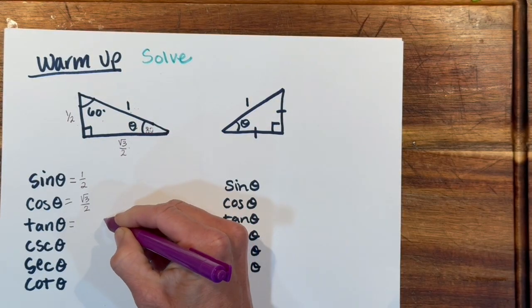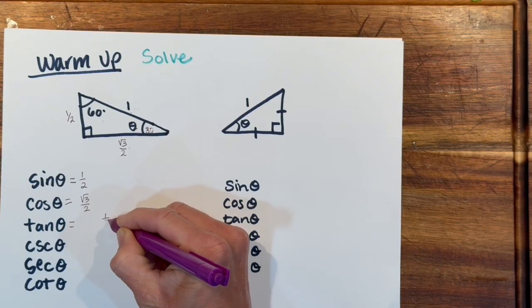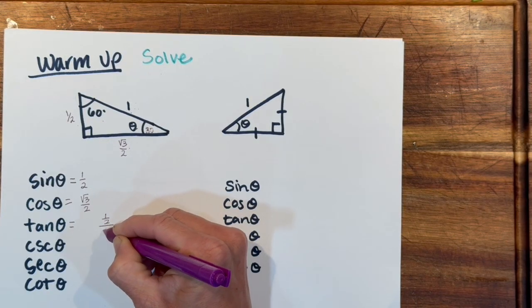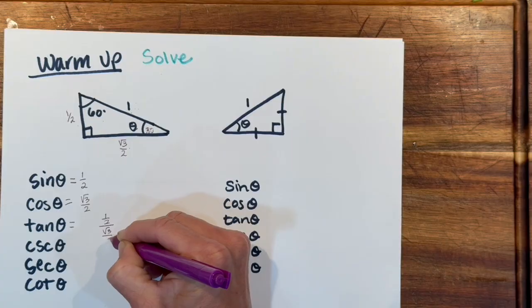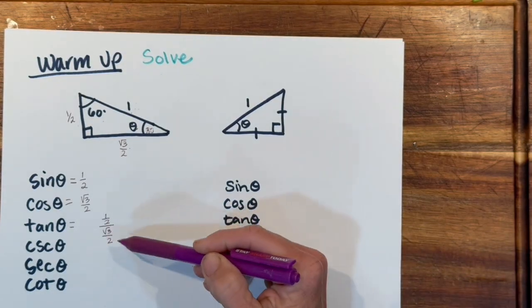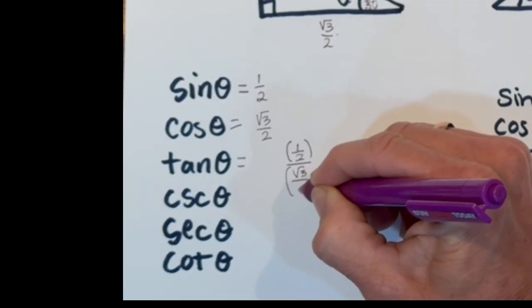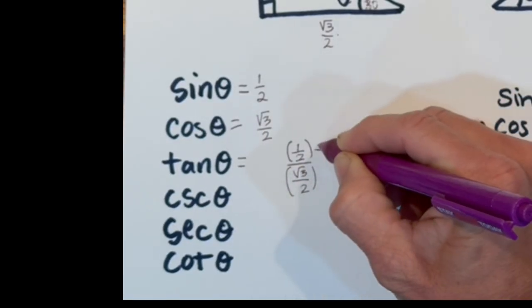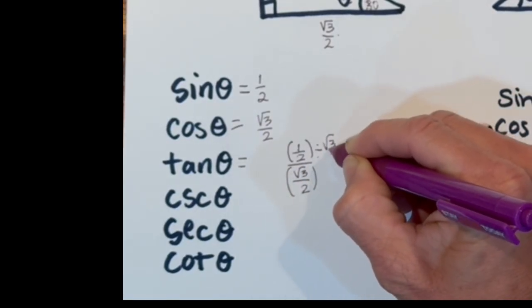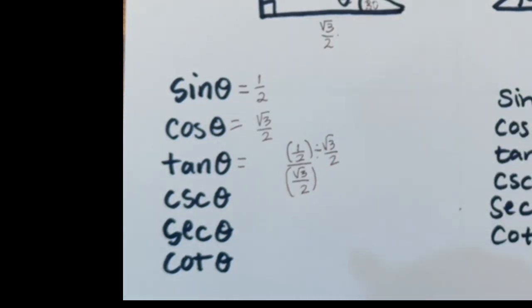So let's do that work. 1/2 over rad 3 over 2. As you can see, this is a very messy looking fraction. So if I capture it, it's really 1/2 divided by rad 3 over 2. It's a better way to see it.